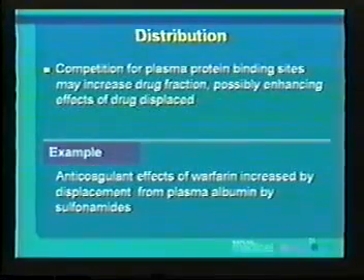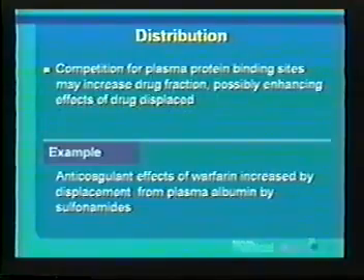I always use as my illustration here the drug warfarin, not only because it's one of the top 10 drugs asked about on exams, but also because it's such a widely used drug. We estimate somewhere between 5 and 8 million people at any given time in the United States are on warfarin. And warfarin is a blood thinner, an anticoagulant.